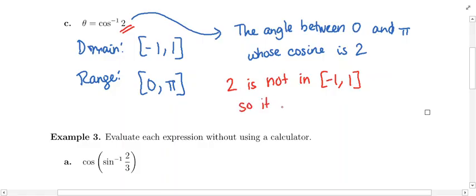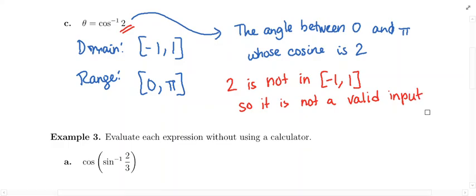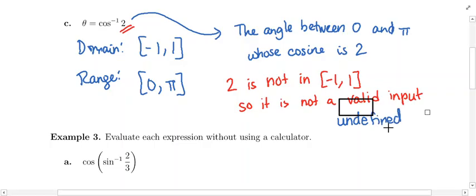So it is not a valid input. 2 is not in the domain of cosine inverse. So what we can conclude here is that the cosine inverse of 2 is undefined. That's it. We're done.